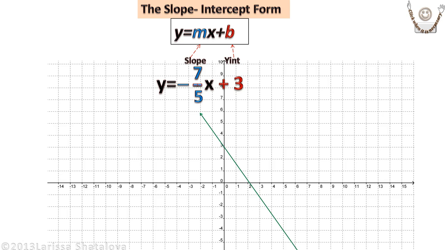From this equation we can see that the y-intercept is +3, here is 1 point, and then the slope is -7/5. So we have to go down 7 units and then 5 to the right, and we are supposed to be on the graph, and this is our second point.